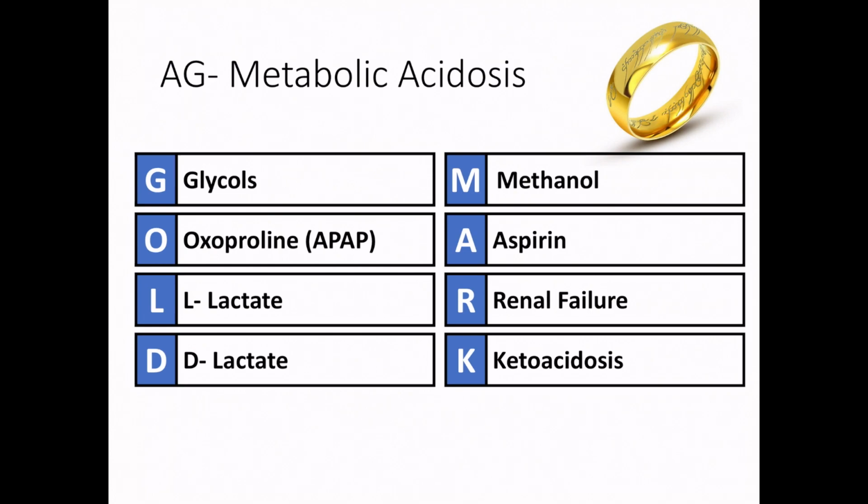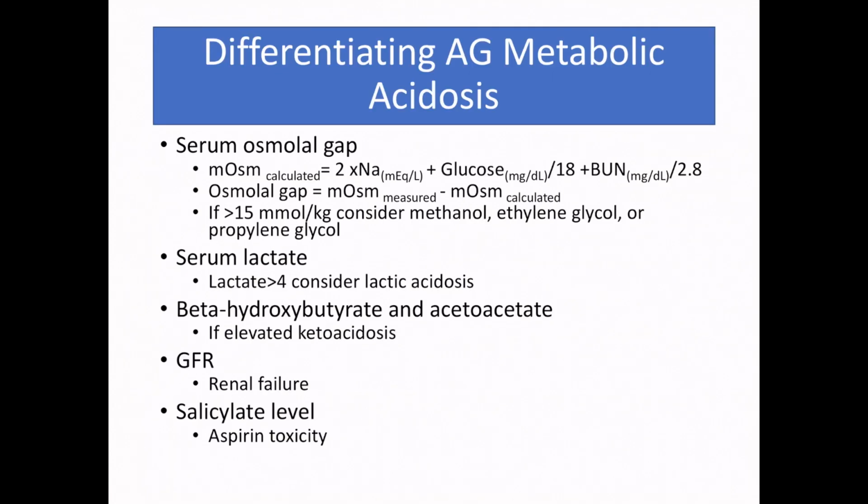What I want you guys to really focus on are these 5 different ways to differentiate between different types. So, first thing you can do to help differentiate between types of anion gap metabolic acidosis is calculate an osmolar gap. If you have an elevated osmolar gap, which you guys learned how to calculate in the last section, you can consider it being a methanol, ethylene glycol, or propylene glycol cause.